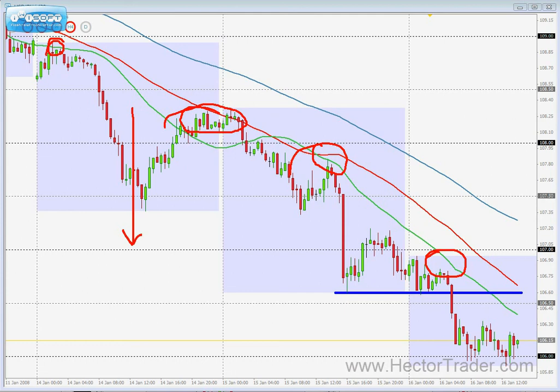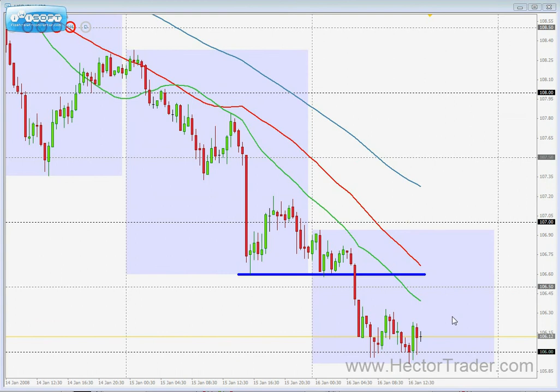You always want to search for entries around that area. The dynamic area of resistance is the optimum level to search for an entry. Right now we are a little bit too far below the dynamic area. The dynamic area is up here around 106.50, whereas current market price is 106.11. It's about 40 pips away.